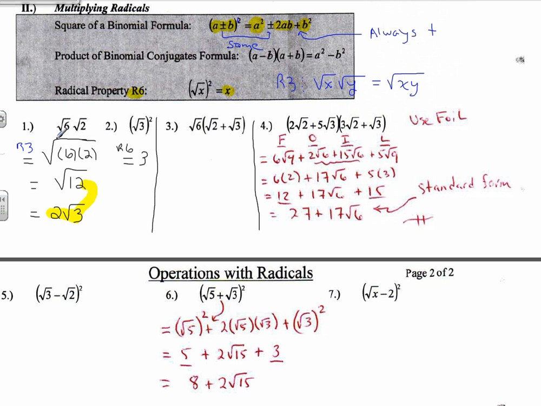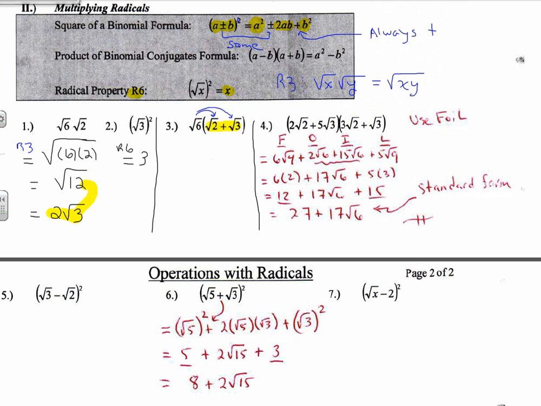For the next example, notice that I have a radical expression that has two terms, or two radicals in it, and it's being multiplied by another radical, radical 6. So what I'm going to do on this one is take the radical 6 and distribute it to each radical expression within the parentheses.